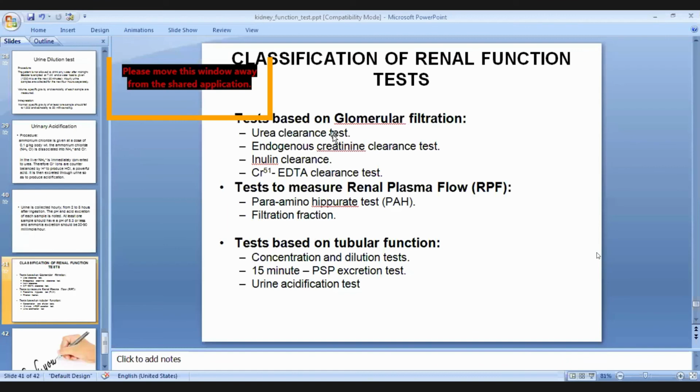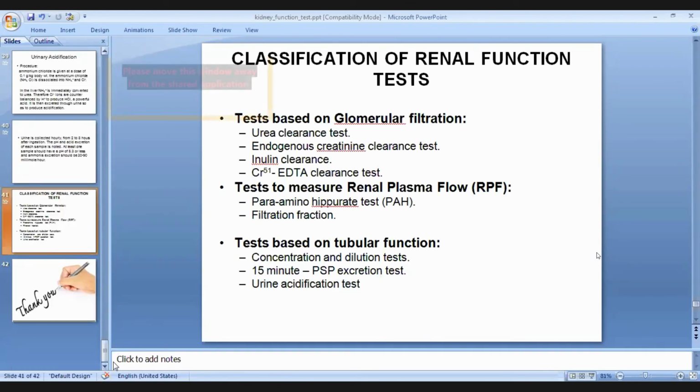Tests to measure renal plasma flow include the para-aminohippurate test and filtration fraction. Tests based on tubular function include the concentration and dilution tests, the 15-minute PSP excretion test, and urine acidification. We have discussed these tests individually. You have to know all these tests, how they are done, and the interpretation.